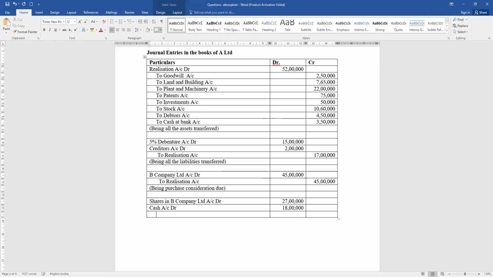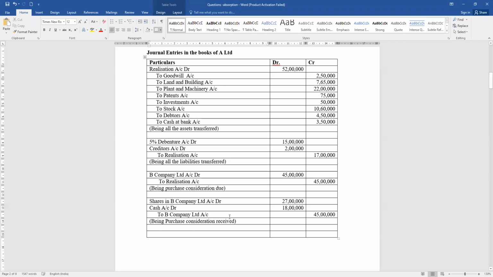Next, who is going to give? B Company Limited. Credit the giver. So 45 lakhs. The narration is purchase consideration received, or receipt of purchase consideration.